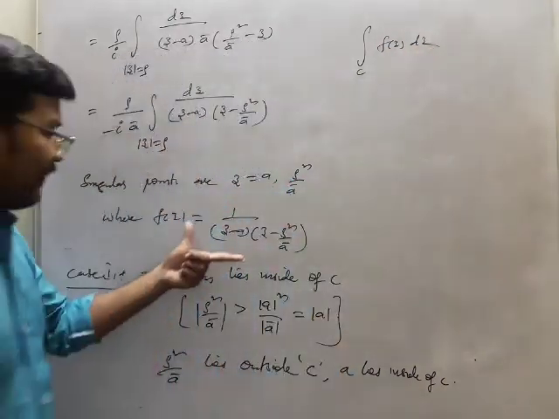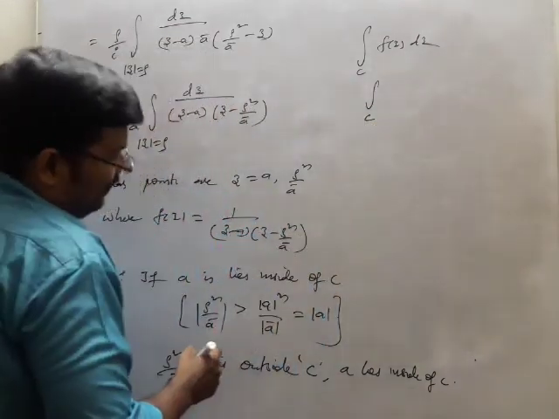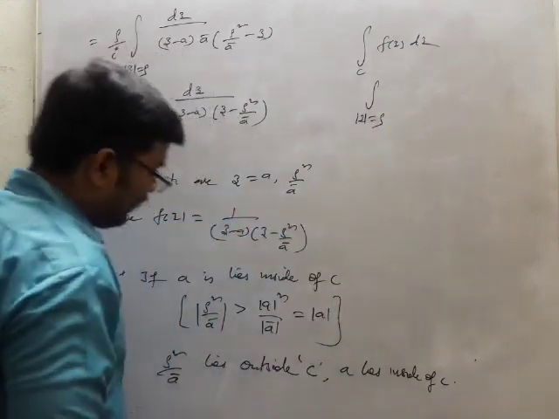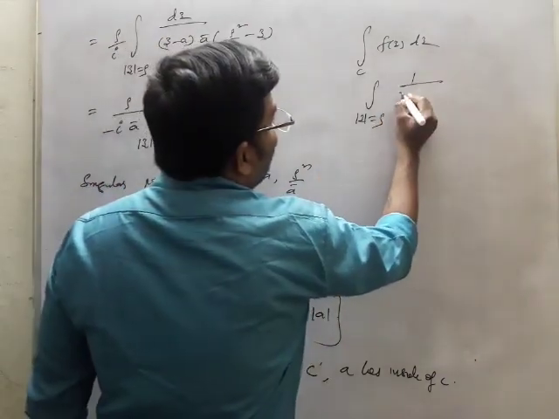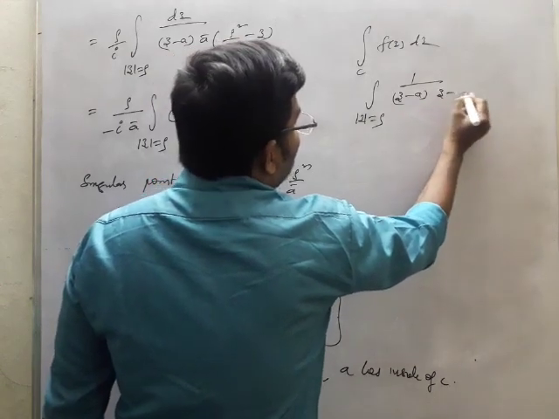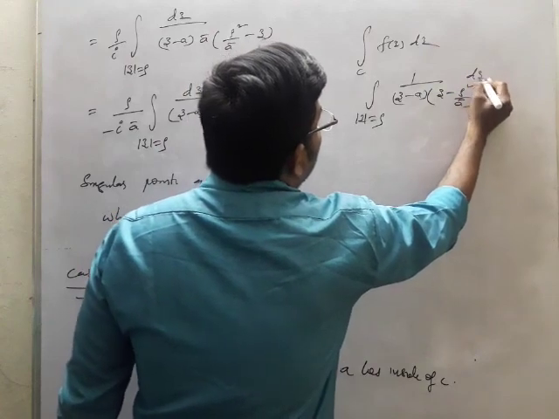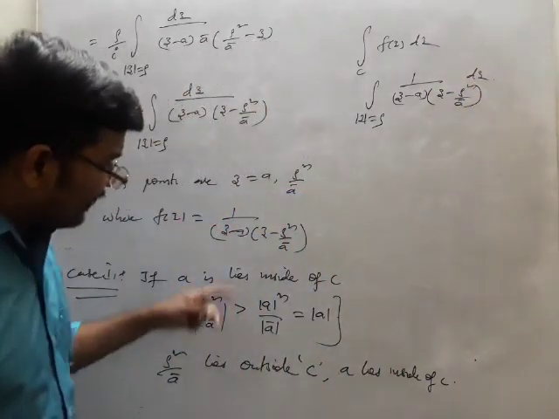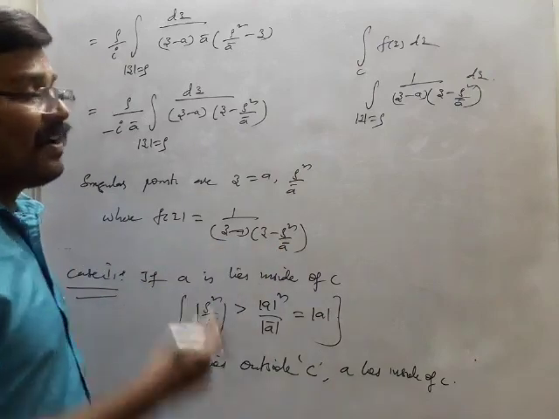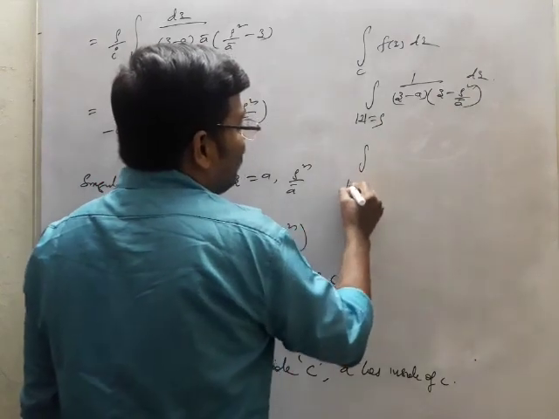So what is f of z? The integral over C is mod z equal to rho. F of z is 1 by z minus a, z minus rho square by a bar, dz. Since rho square by a bar lies outside, according to Cauchy's integral formula, we will write it in this form.